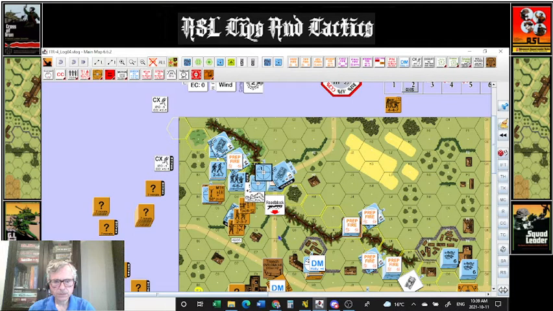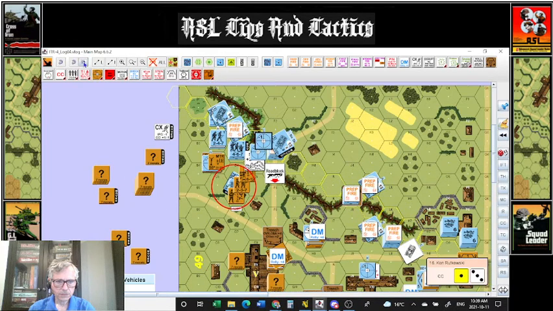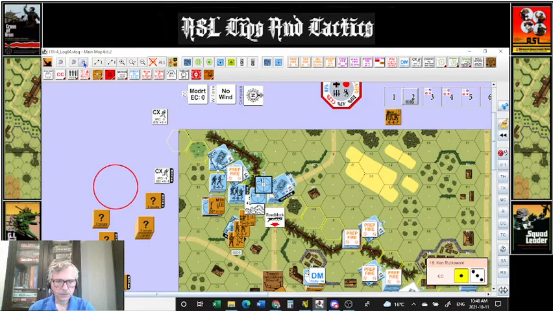His CCV is wrong because it's not a crew. The half squad has a CCV of 3, the leader would be 4 in this particular case. If you hit forward on your replay log, one more. Yeah, he rolled a 4. That should have immobilized your tank, and that's why it got put over here. He rolled a 4 thinking that he needed a 5, so he thought he'd eliminated the vehicle. So that's what's happening here.